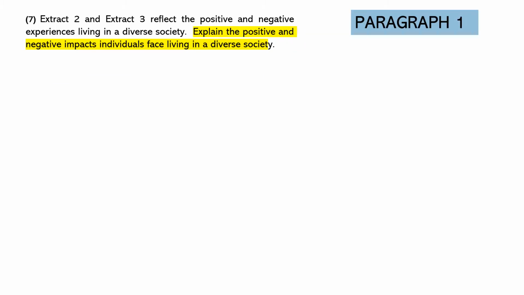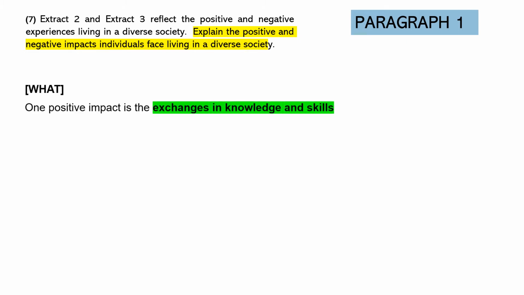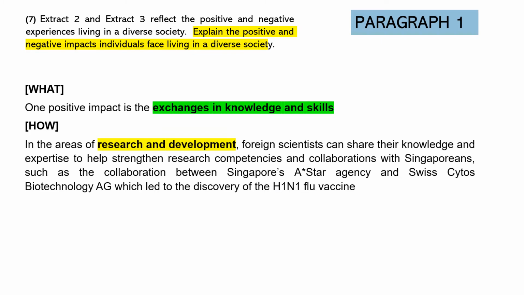All right, let's try to unpack paragraph 1. And we are looking at the positive impact, and one positive impact is exchange in knowledge and skills. All right, now where do you get this information, or how can you get examples? So always go back to the textbook or your set of notes, and the example is once you have these experiences of living in a diverse society, because we talk about how a lot of migrants are coming into Singapore, right?